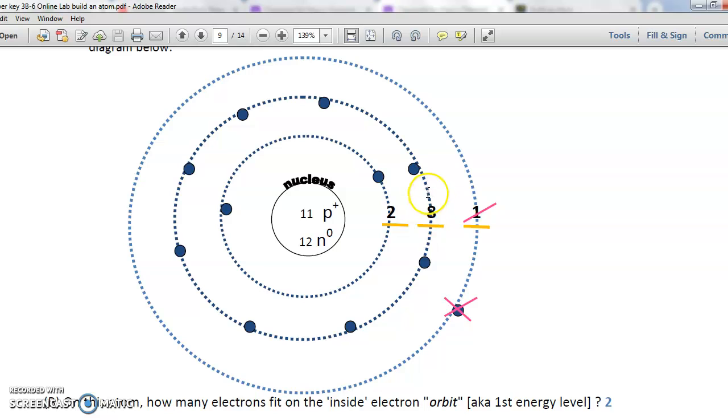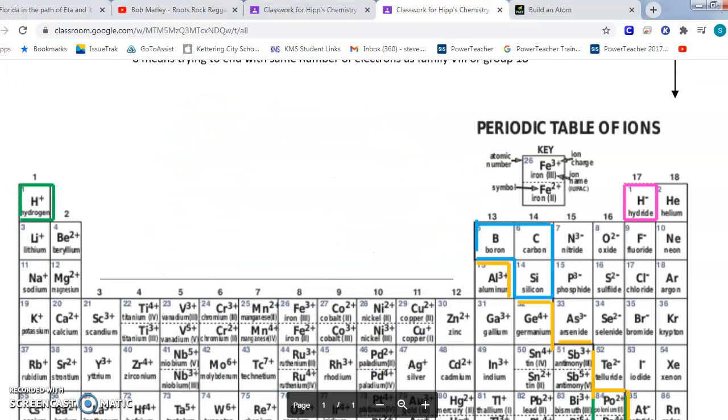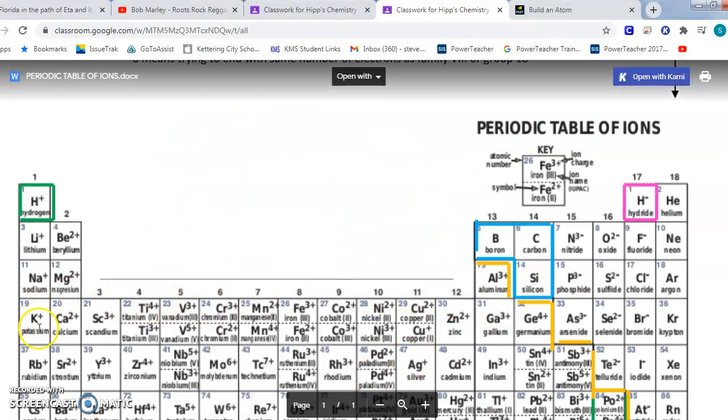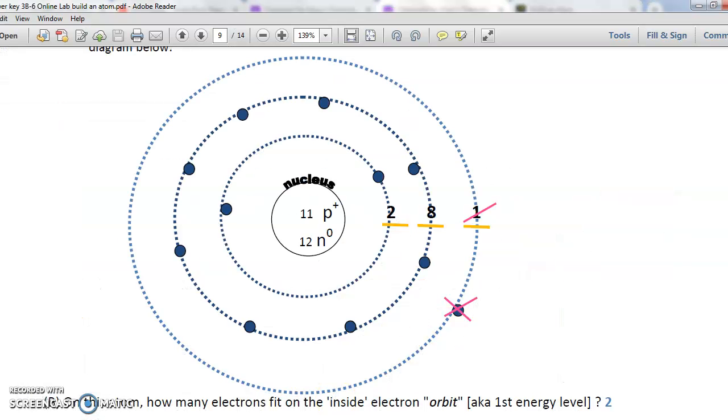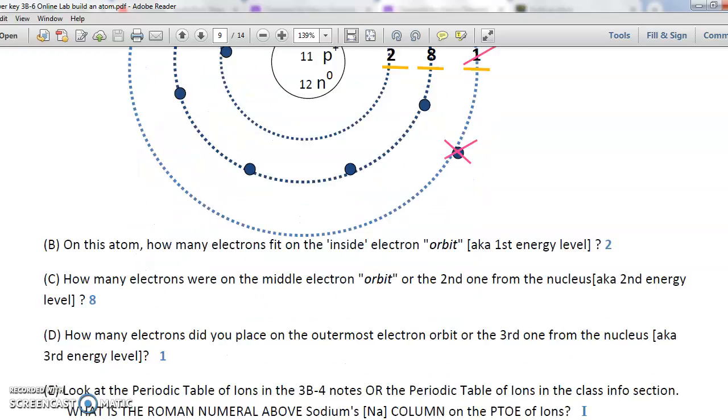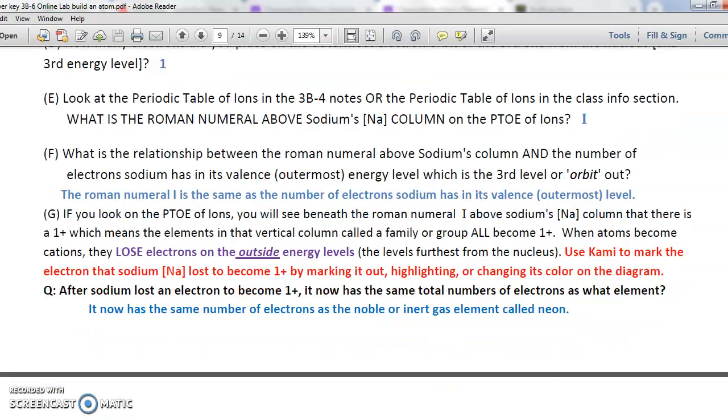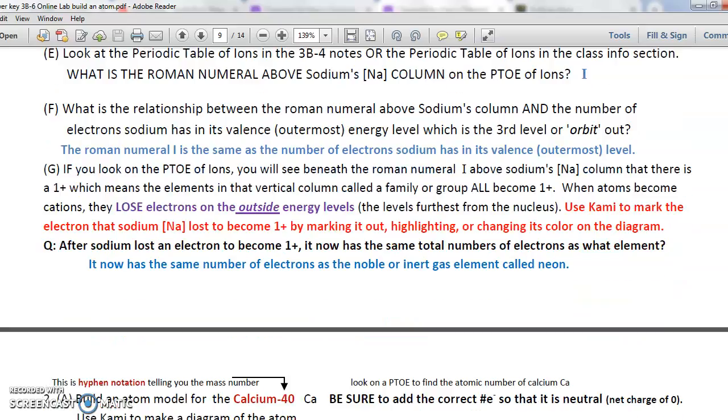Oct means 8. Smaller atoms are stable with 2. Larger atoms are stable with 8. So by losing 1, sodium's left with 8. It's left chemically stable. That's why sodium has a plus 1 written right there. That answers most of the questions on this page, I believe. It has the same electrons as neon.